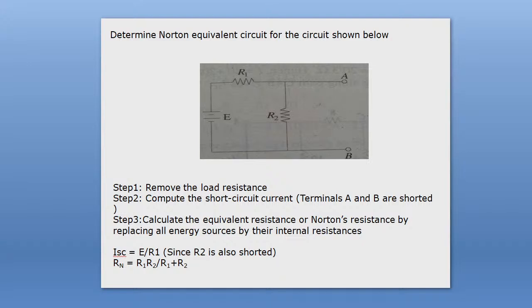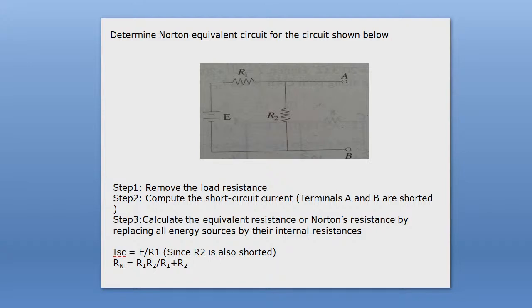If the circuit consists of only independent sources, then we will replace the branch element for which we need to calculate current or voltage. After that, we will calculate the short circuit current.